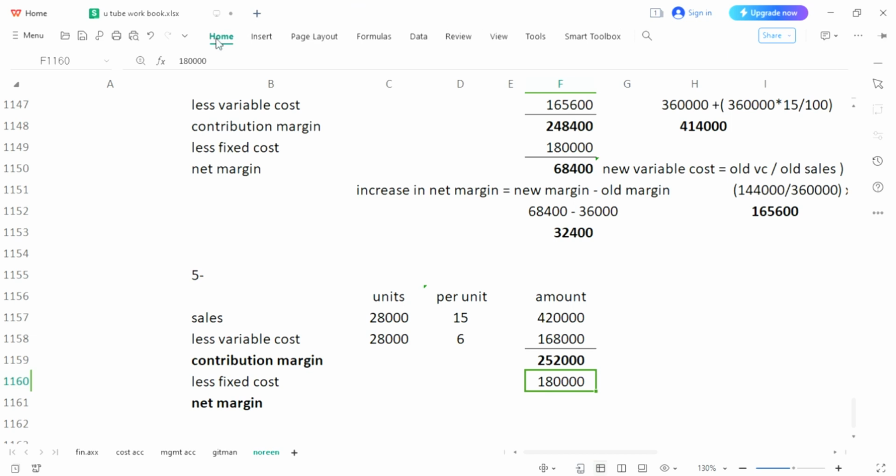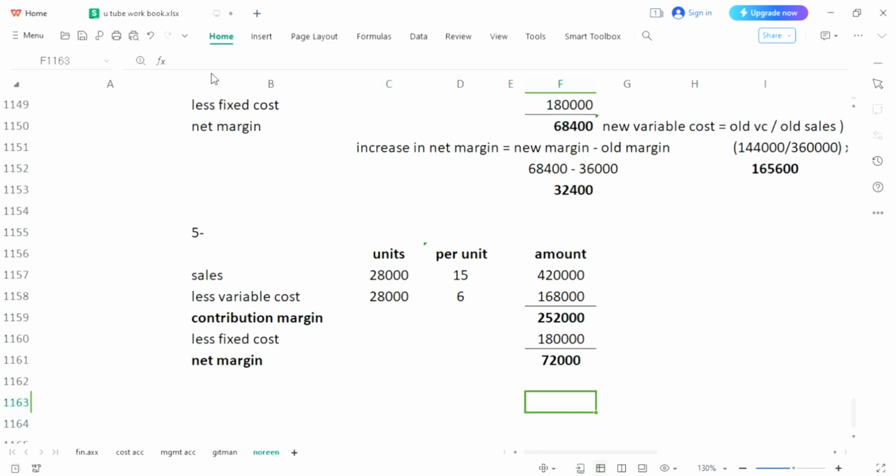Here our contribution margin is 2,52,000. Subtract fixed cost 1,80,000. We have got our net margin as well. This is the old, original statement, and now we are going to make the new income statement. How?